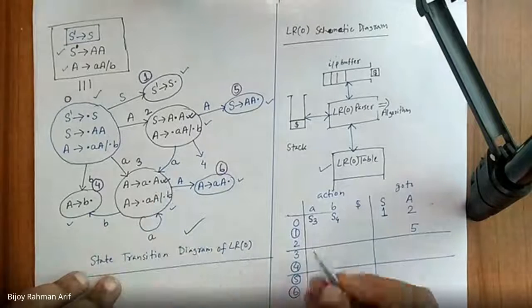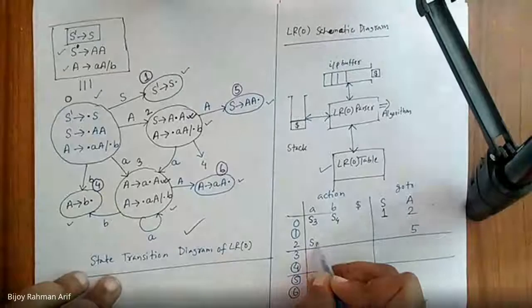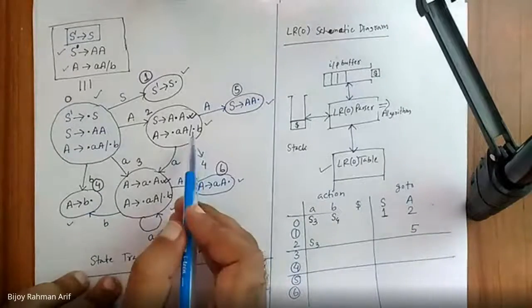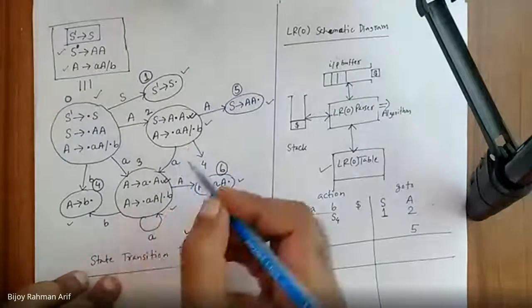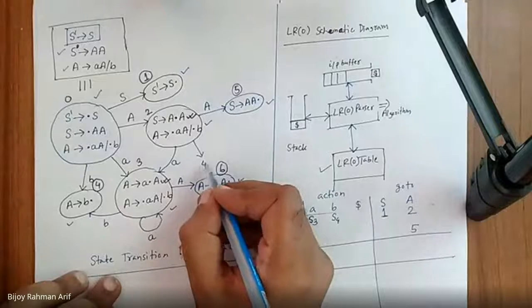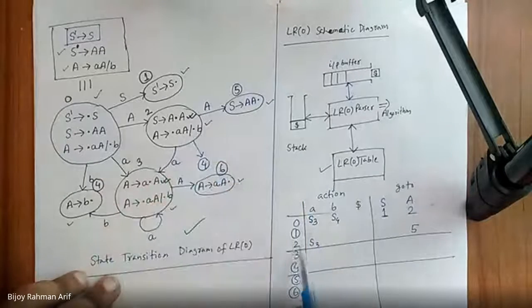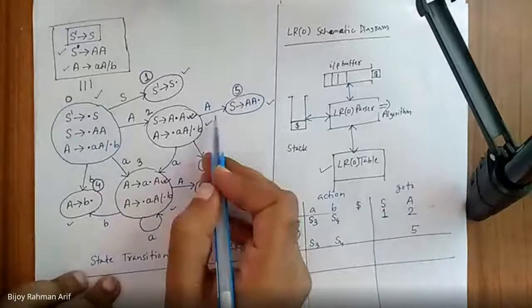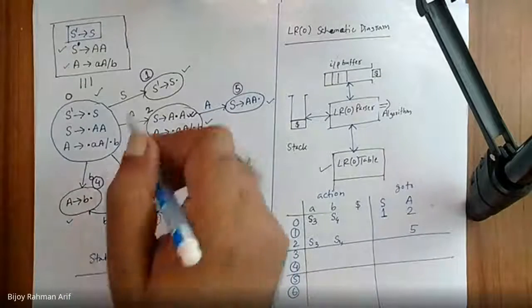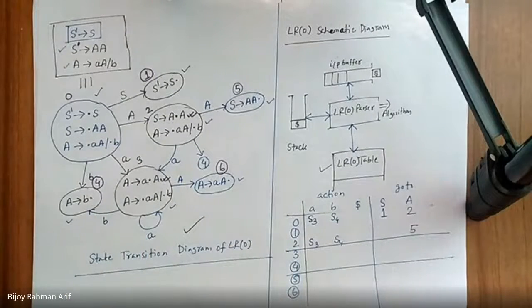So what would be the entry? 2 A, S3. 2 B, S4. Is there anything else? No. Now let's go to 3.